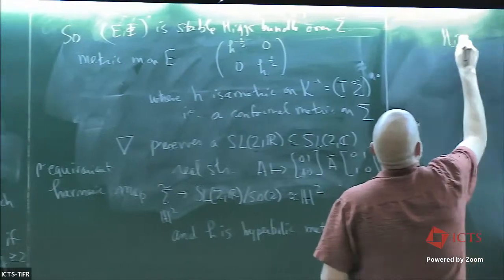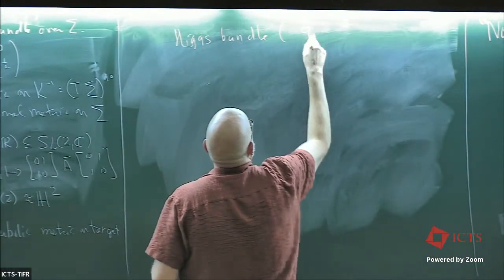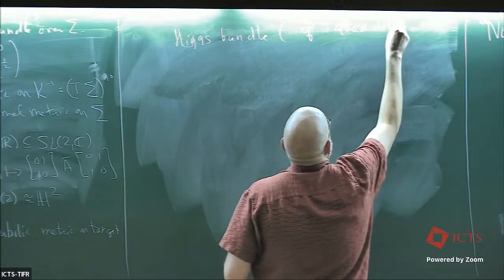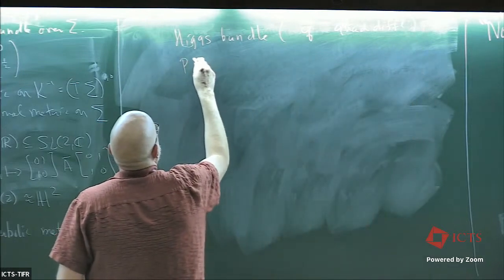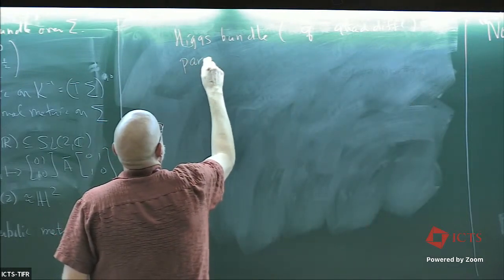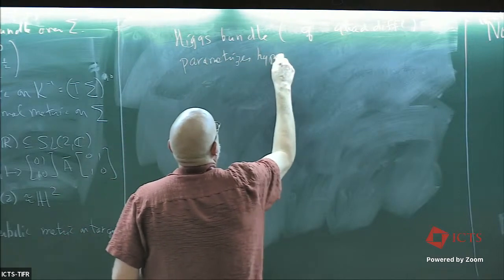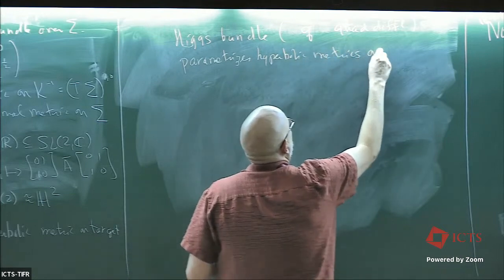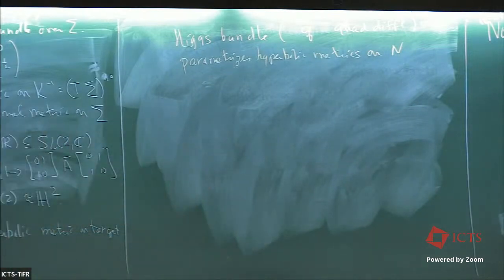So the Higgs bundle, and the only choice we made was this Q, which is the quadratic differential. This parametrizes hyperbolic metrics on, say, n. I'm saying n instead of sigma because the conformal structure is varying.